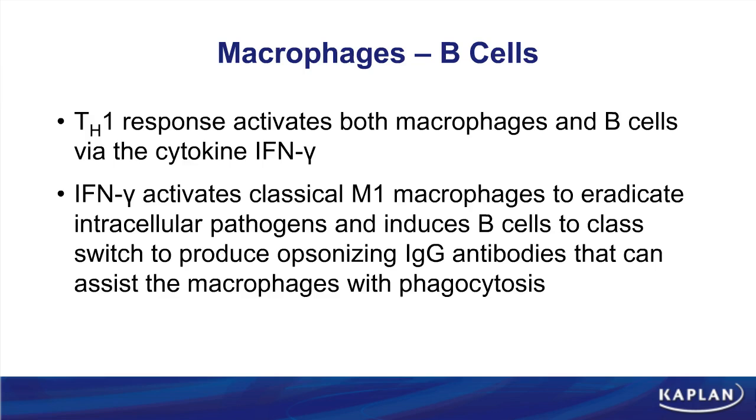The IgG, and remember the other really important opsonin is C3b, those opsonins help to enhance the process of phagocytosis and make it about 4,000 times more efficient than it is by itself without the help of antibodies and complement.